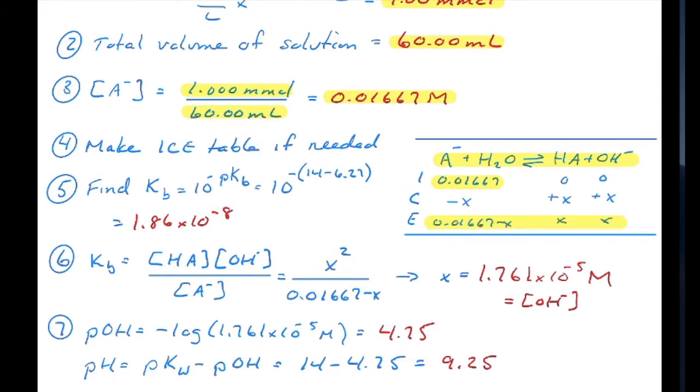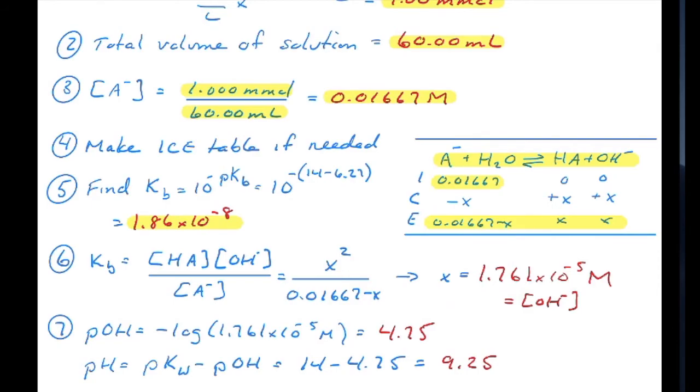So now since we're dealing with a base, we have to find Kb. Now we're given Ka in the question as 6.27, so we have to convert that into a Kb. When we do this calculation, we get a Kb of 1.86 times 10 to the minus 8, and now we can use the equilibrium expression to determine the concentration of OH minus in this solution.